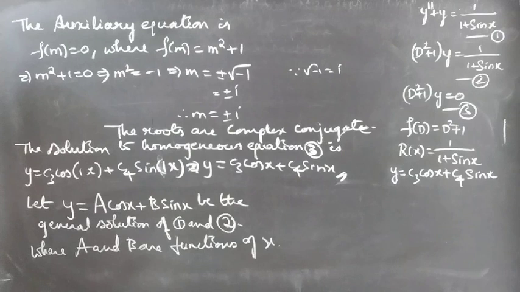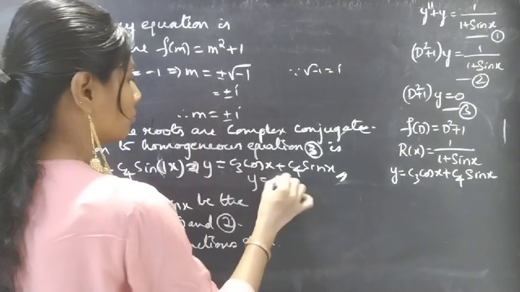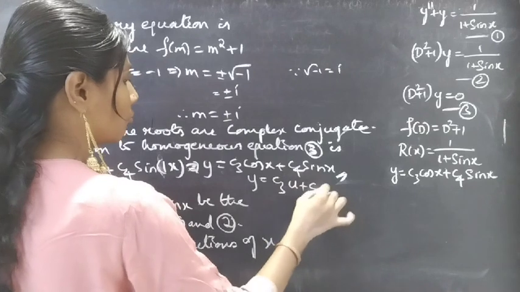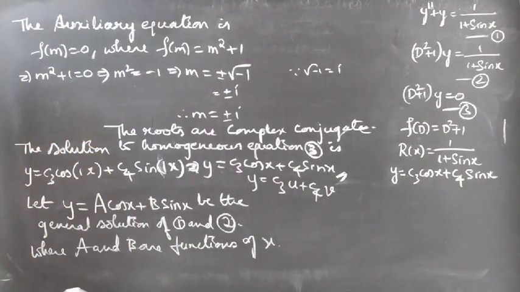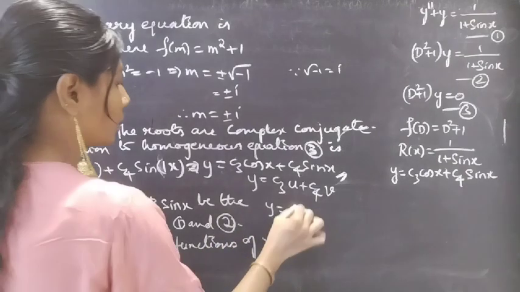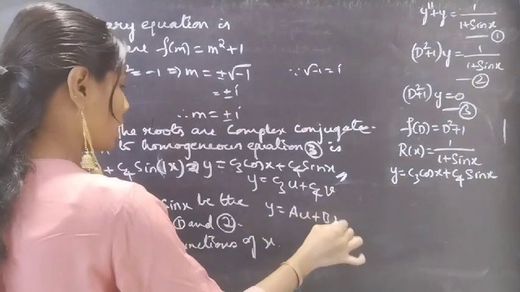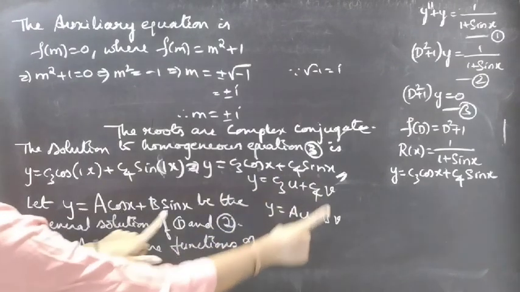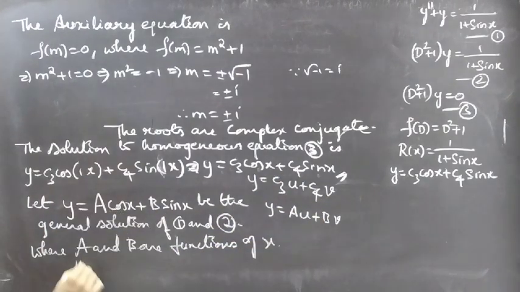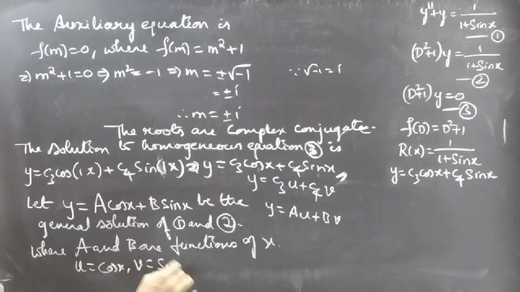If we compare the homogeneous solution y equal to c3 u plus c4 v, or compare the general solution with y equal to a u plus b v, then we have u and v. We get u equal to cos x and v equal to sin x.